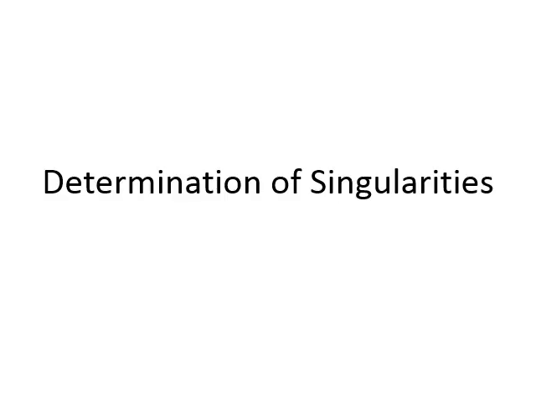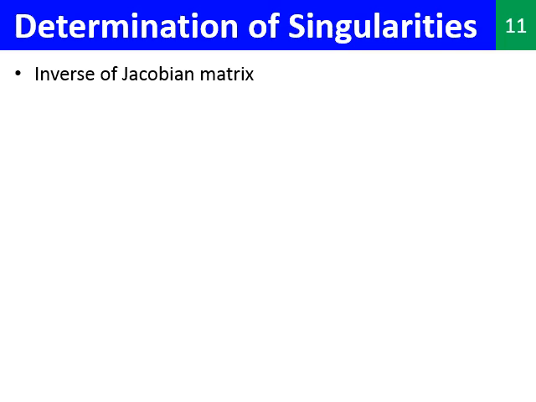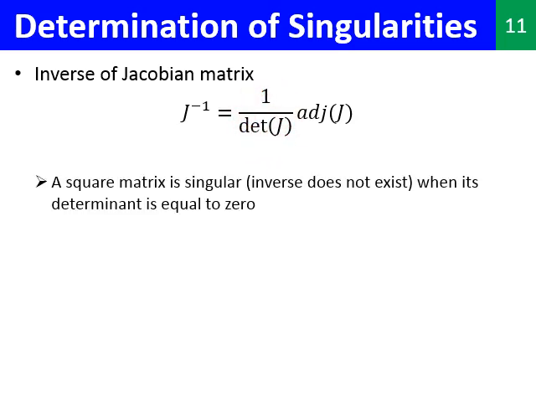Now let's find out how we can determine the singularities. Now one way to find the inverse of a square matrix is to obtain the adjoint matrix and scale it by the inverse of the determinant, right? So as you can see here in this expression, the inverse will not exist when the determinant is equal to 0, right?